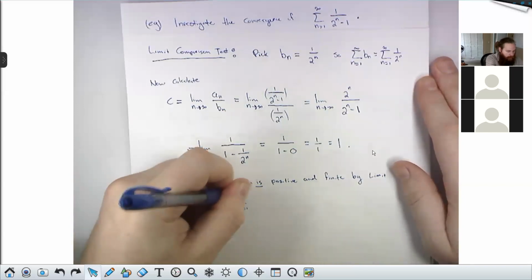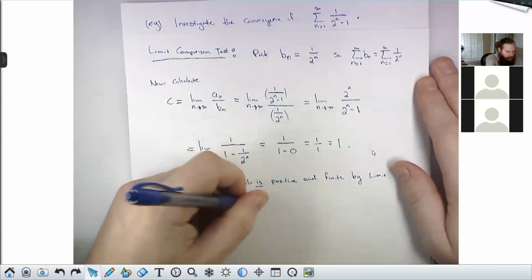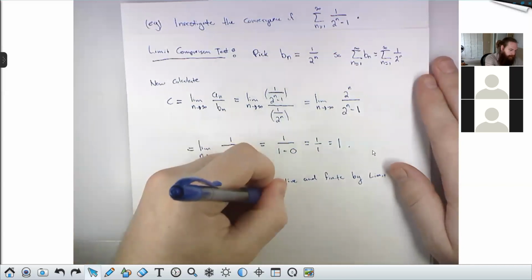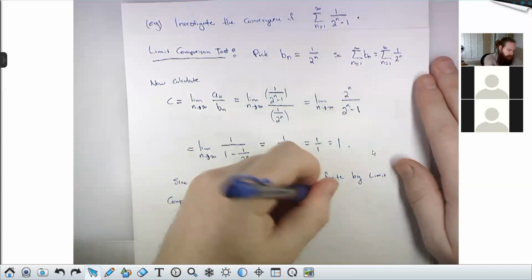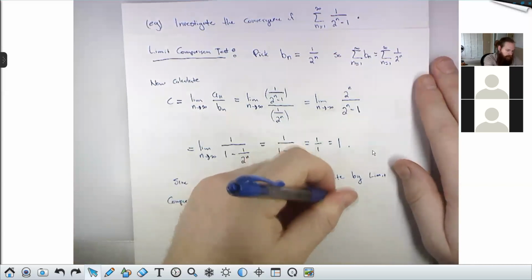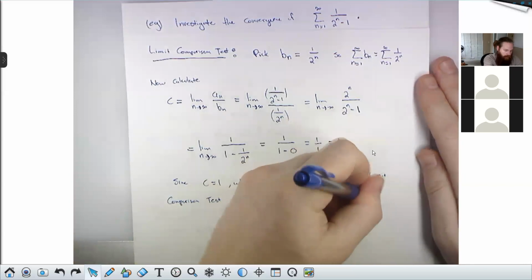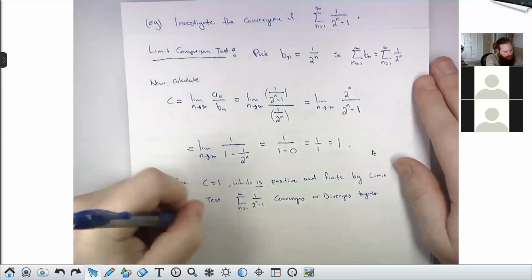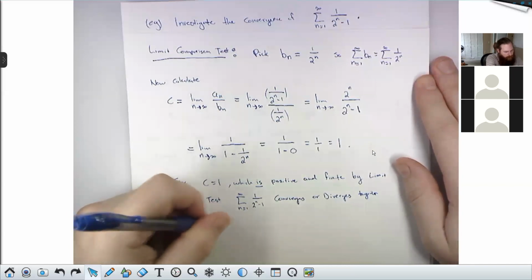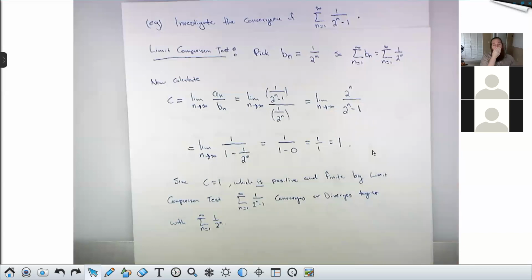Sigma n from 1 to infinity 1 over 2 to the n minus 1 converges or diverges together with sigma n from 1 to infinity 1 over 2 to the n. So the limit comparison test tells me whether or not two series do the same thing.